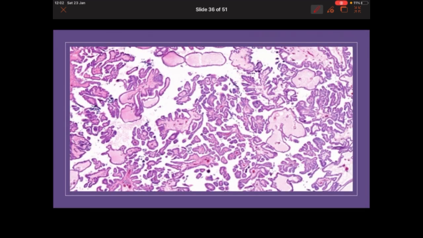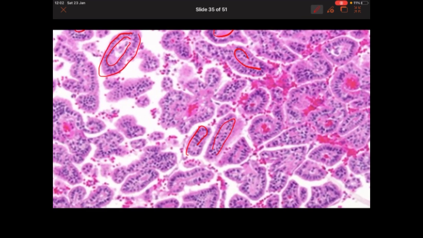Another view to show you: this is an exophytic papillary structure. This is a papillary structure with a fibrovascular core, and all of them are lined by a single layer of epithelium.